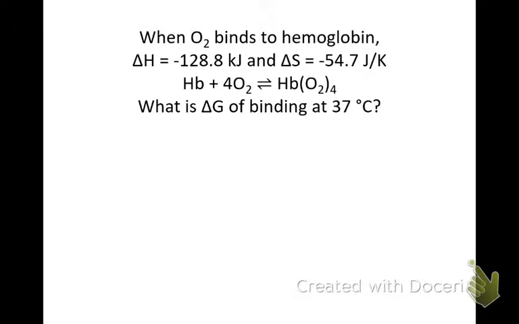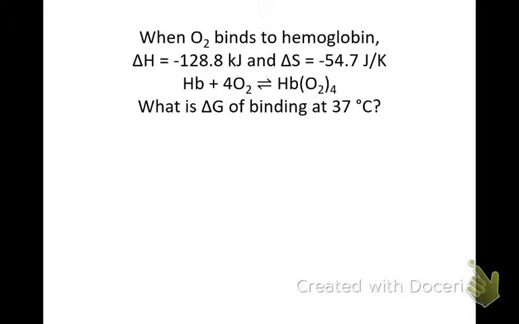Okay, so here's our biochemical example. When oxygen binds to the hemoglobin in your blood, we can represent, hemoglobin here is represented as Hb. Hemoglobin binds 4 equivalents of oxygen. And for that process, delta H has been measured to be negative 128.8 kilojoules, and delta S is negative 54.7 joules per Kelvin.